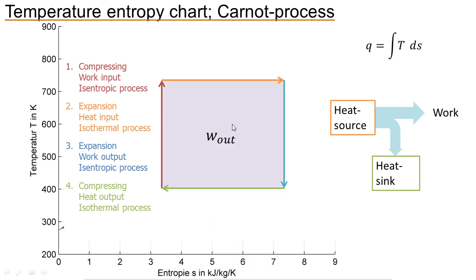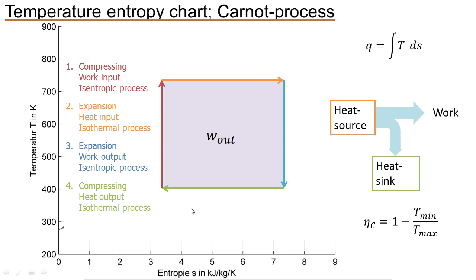And the difference between this, what you see here on the square, is the work you can use from these four steps here. There's a formula to describe the maximum efficiency you can get with a high and a low temperature, and this formula is fundamental to thermodynamics. It's very important. It describes the maximum efficiency with two temperatures.